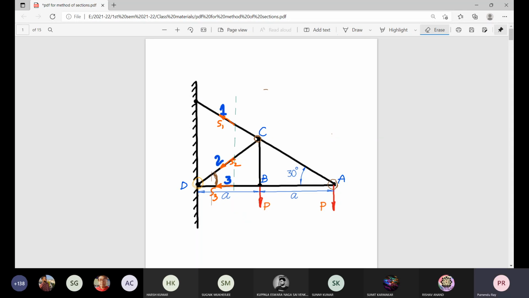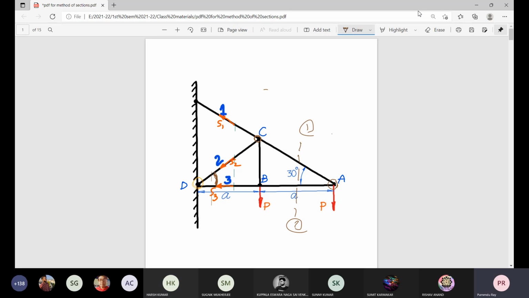Now instead of this plane, if we consider a plane here, suppose it is plane 1. Do you get this S1, S2, S3 directly from that plane?